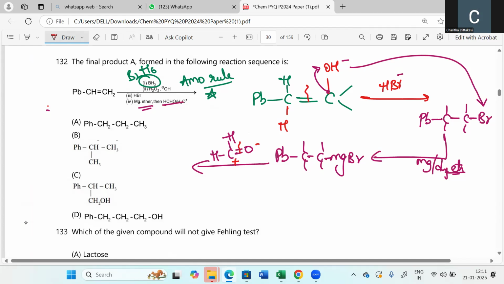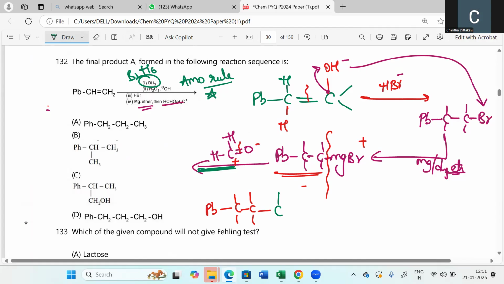So what do you go with? Definitely attack again. The whole MgBr part will come out with the positive, all this will be with the negative part. So positive joins to negative. So PB CH2 has the negative, and then you go with this green part here with C.